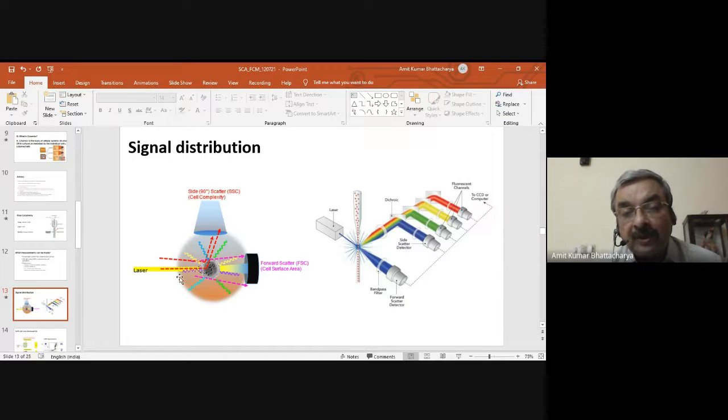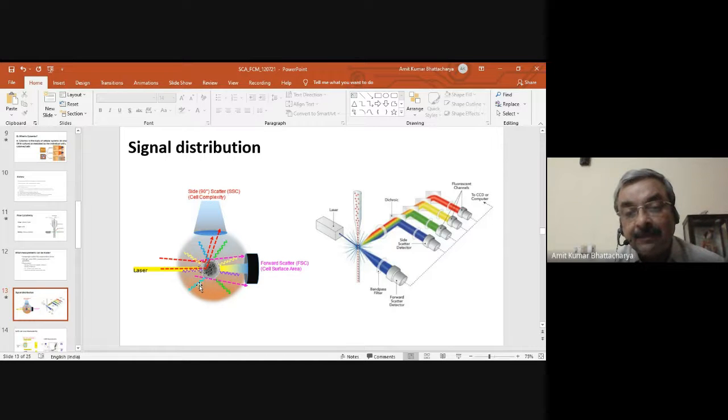A small portion, and that's called forward scattered light. A small portion of the laser light enters the cell, and inside the cell there are small particles which again scatter the light, and this scattered light is picked up by another detector, and that's called side scatter.